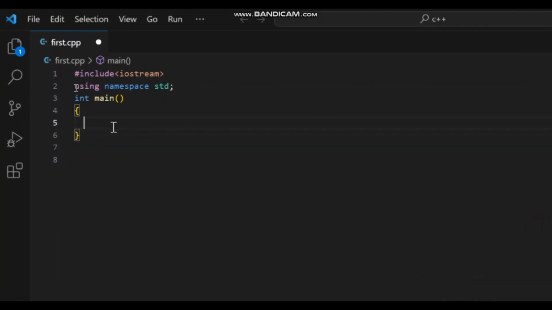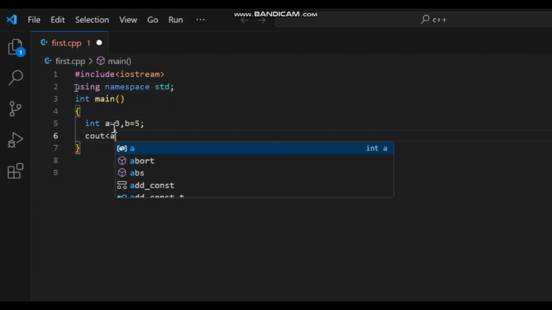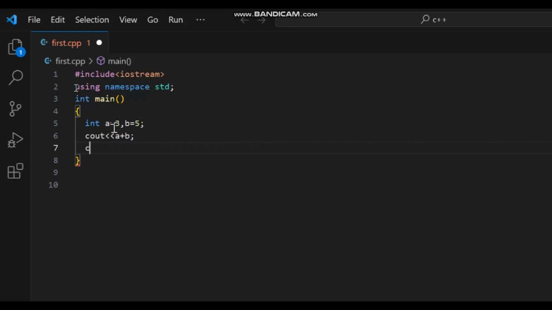Take any two variables. a equals 3, b equals 5. For the addition operator, cout of a plus b. For the multiplication it will be a into b. In the modulo operator it will be a modulo b.